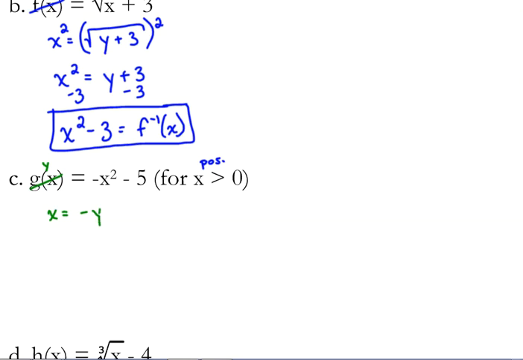X is equal to negative y squared minus 5. So here we need to add the 5 first. Before we can square root that, the y squared has to be by itself. Right now it's got a negative in front of it. So we need to divide by -1, which is just going to change our signs on the other side.